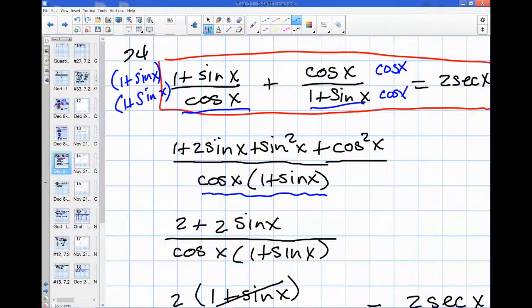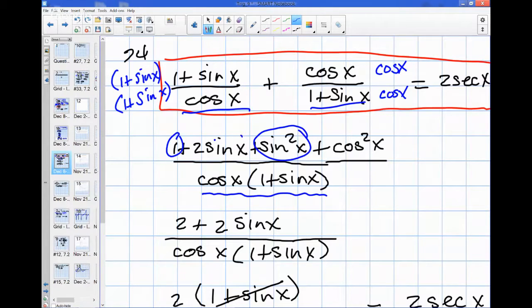Now, what happened on the top? Well, on the left side, I had to multiply 1 plus sine times 1 plus sine. Remember, what happens when you square a binomial? You get the first number squared, 1 squared is 1. You get the second number squared, sine times sine is sine squared x. And then you get 2 times the product of the two. 1 times sine is sine x, and 2 of them.